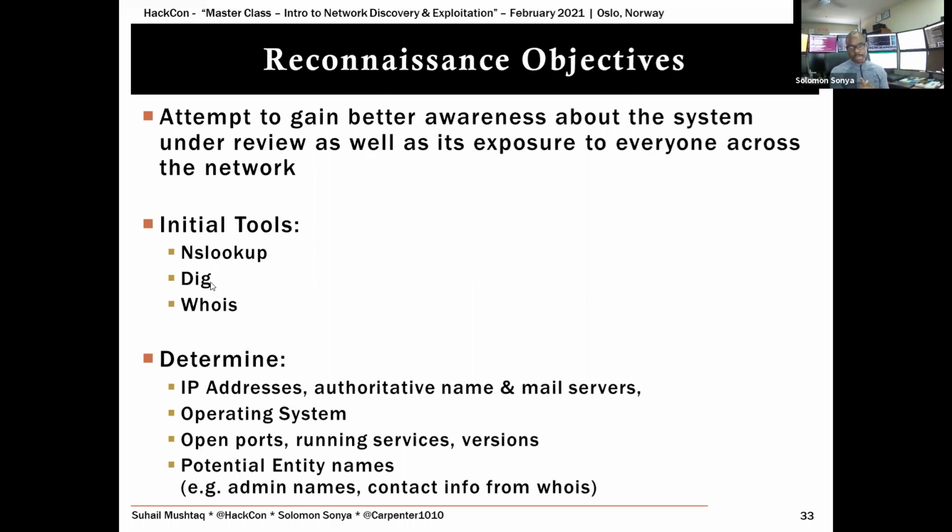Now, the potential admin name and contact information from whois, in the past, used to be much better than it has been since about May of 2018, when GDPR became a thing.